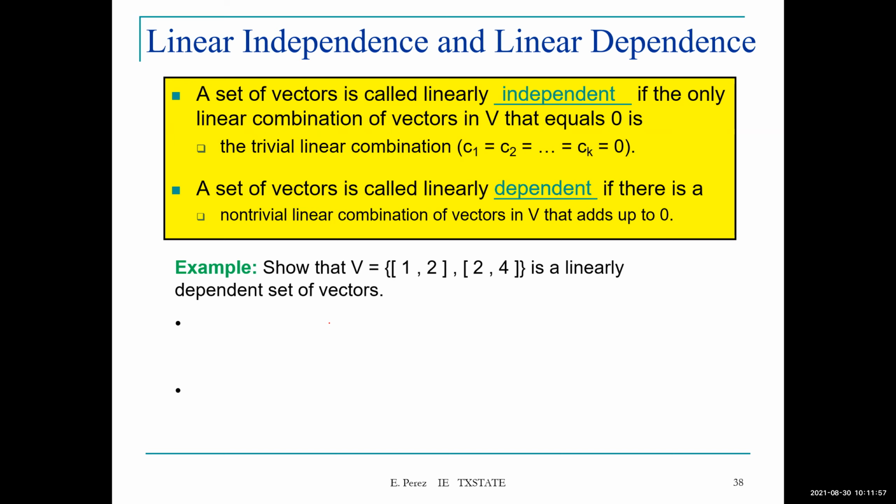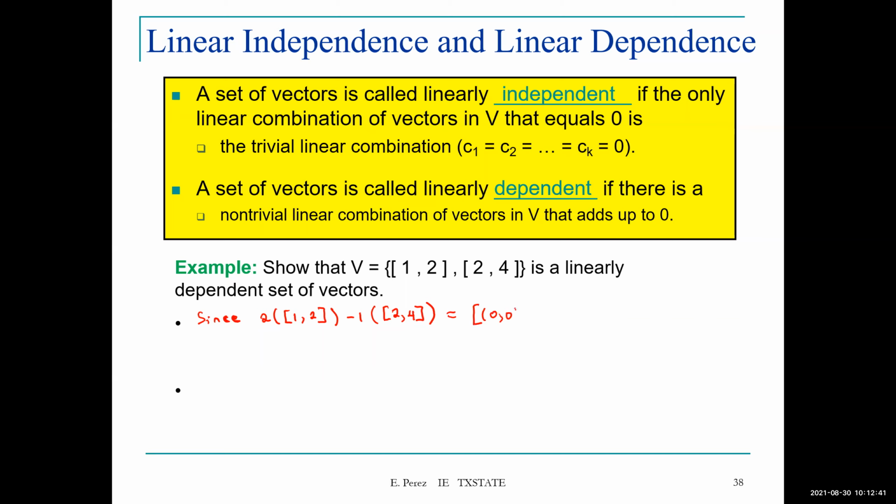So for example, show that V, this set of two vectors, is a linearly dependent set of vectors. So how do we show that? Since two times (1, 2) minus 1 times the other vector (2, 4) gives you (0, 0).